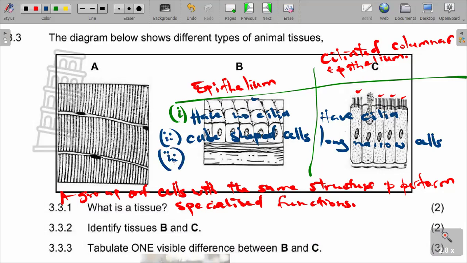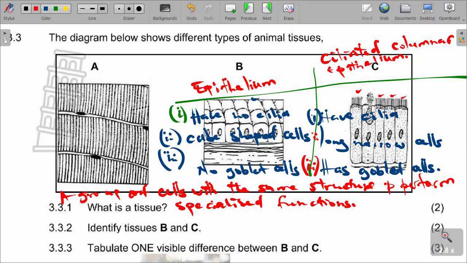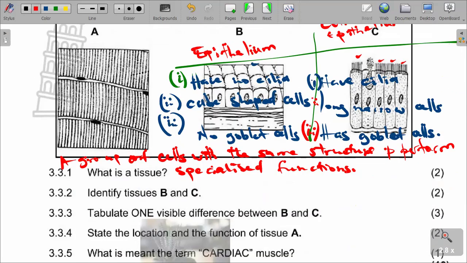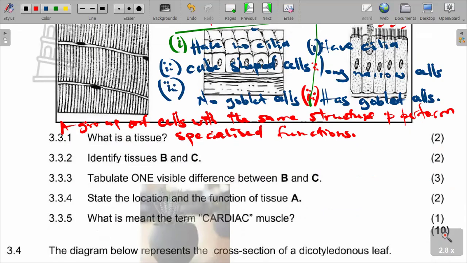And then three, B has no goblet cells, while C has goblet cells. These are the differences that you can see when you are looking at these two tissues, B and C.